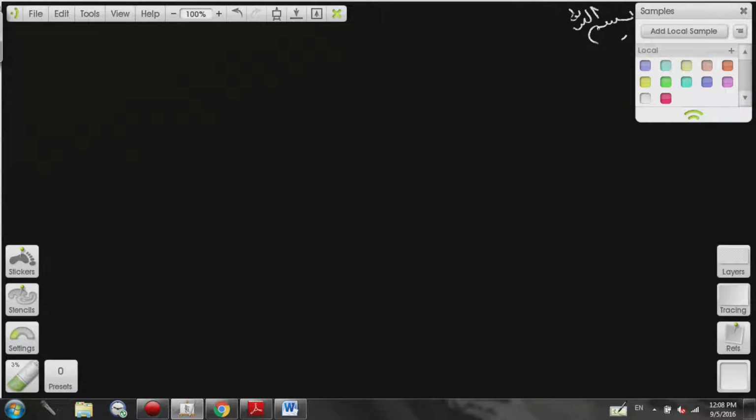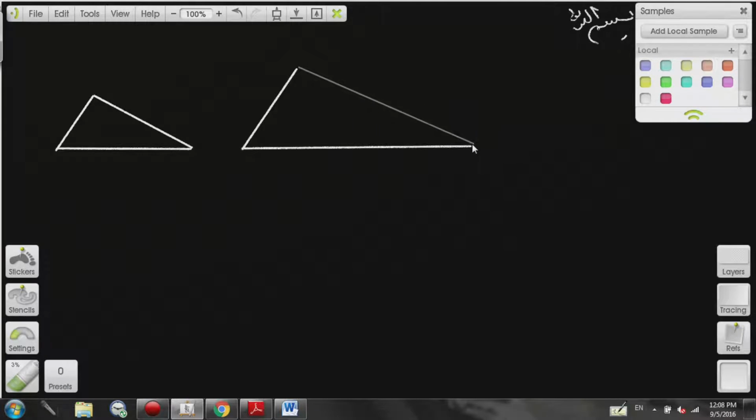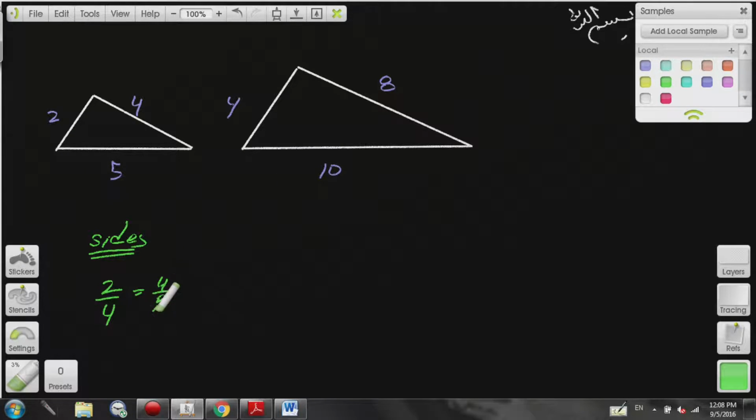So if I were to redraw my little figures over here, let me draw these two triangles. I had said that this is 2, this is 4, this is 4, this is 8, this is 5, and this is 10. So the ratio of the sides was 2 to 4, 4 to 8, and 5 to 10.